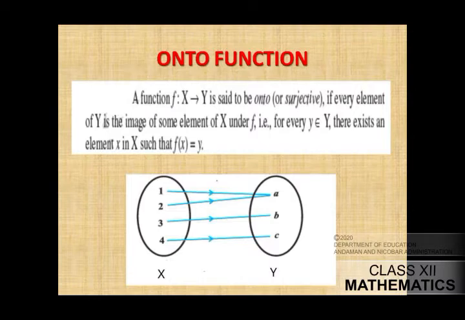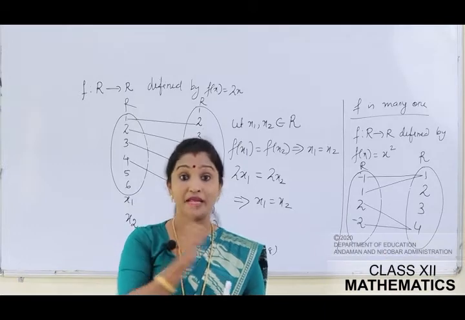All the elements of y are the image of some or other element of the first set x. मतलब कोई भी एलिमेंट यहाँ में लेफ्ट आउट नहीं हुआ है. आप देखिए सेकेंड सेट में ऑल द एलिमेंट आर द इमेजेस ऑफ सम और अदर एलिमेंट ऑफ द x. ओके, तो आप यहाँ पे ये बता सकते हैं कि जब कोई भी एलिमेंट छूटता नहीं है, हर एक एलिमेंट y में जो होना चाहिए उसका प्री इमेज होना चाहिए.